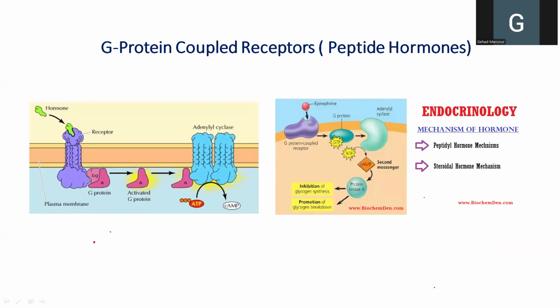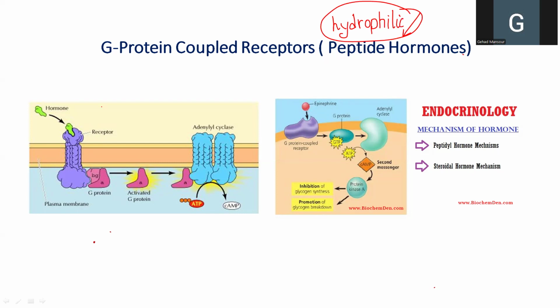And in this diagram, we can see how the G protein coupled receptors only receive peptide hormones. By the way, as we said before, since the signaling molecule cannot enter the cell, this signaling molecule is most probably a hydrophilic molecule, meaning that it cannot pass easily through the hydrophobic interior.